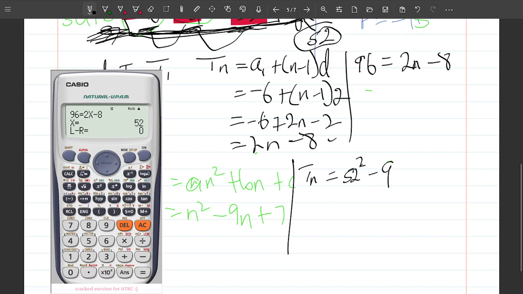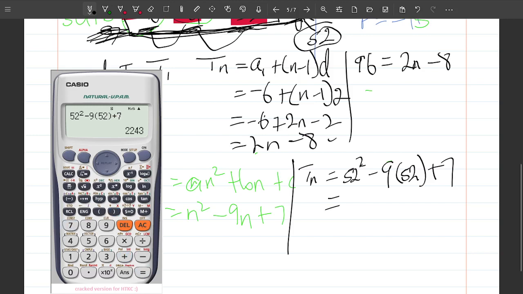52 squared minus 9 times 52 plus 7, and then we let the calculator do the work for us. So I'm going to grab that and punch it in as it is. Term 52 squared minus 9 times 52 plus 7 is equal to 2224.